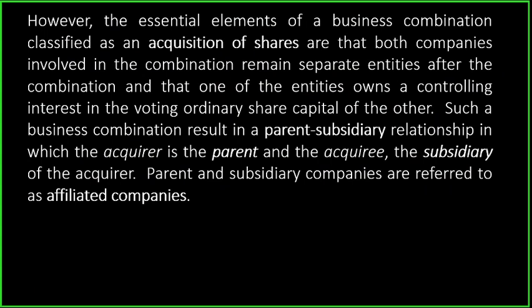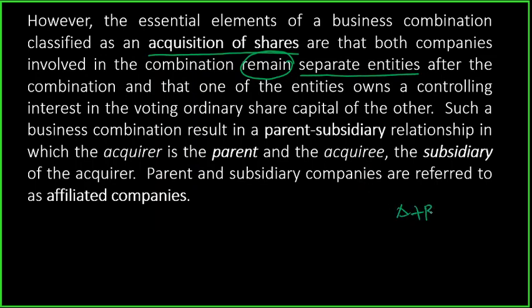Okay, so let's continue. However, the essential elements of a business combination classified as an acquisition of shares are that both companies involved in the combination remain to be separate entities after the combination. We discussed that earlier.